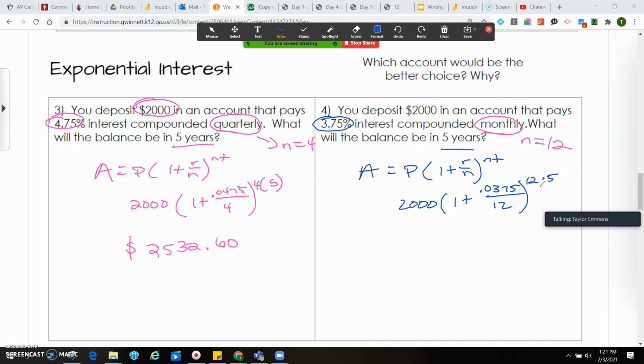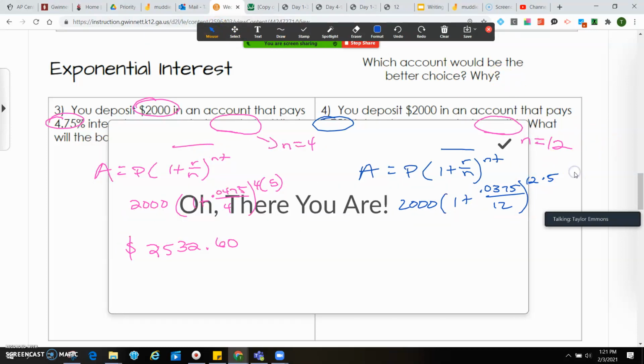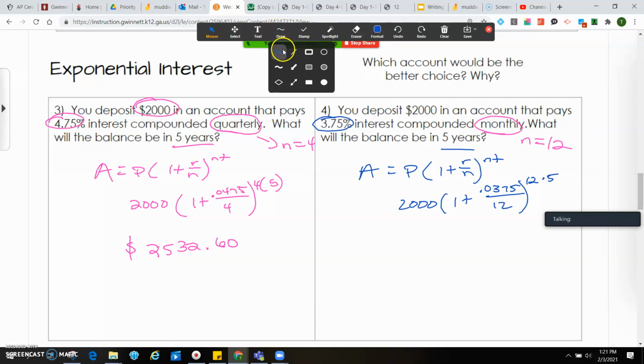So when I plug this into my calculator, I'm going to make sure that I use parentheses. Then I'm going to get $2,411.76.